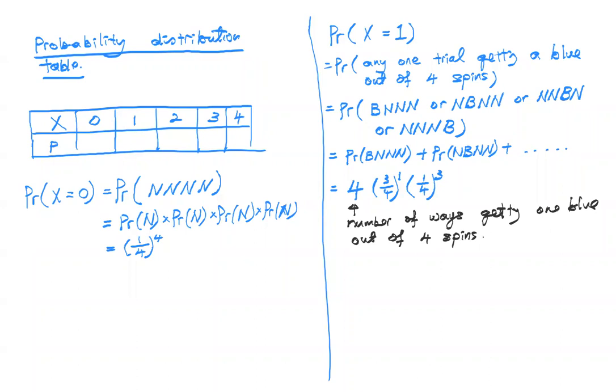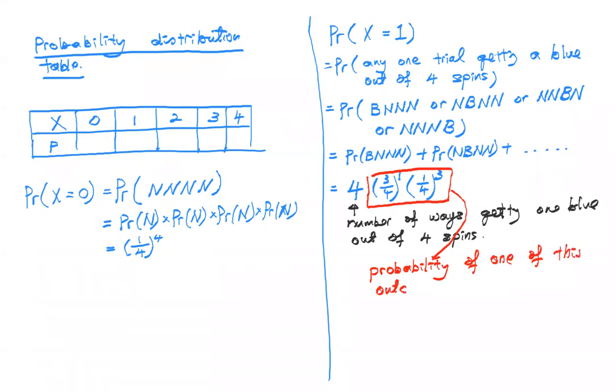So what does this whole thing represent then? You cannot say probability. You should say probability of one of these outcomes. Right? Every outcome, the probability is the same.